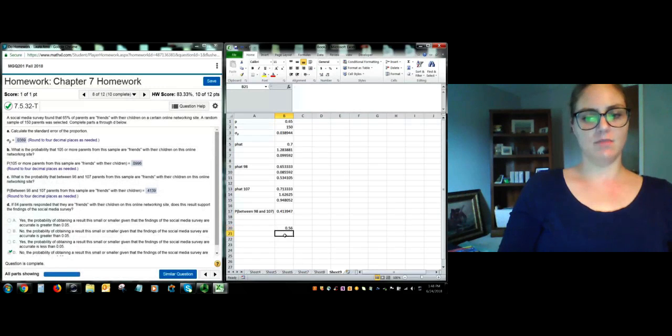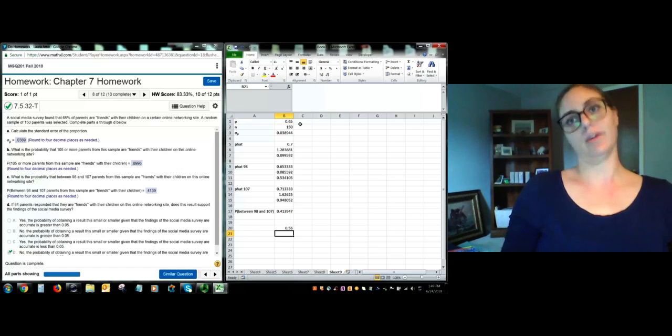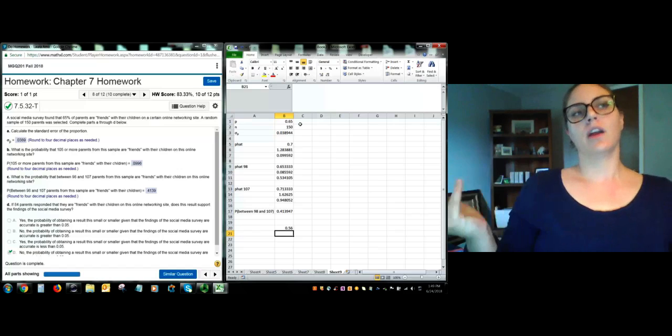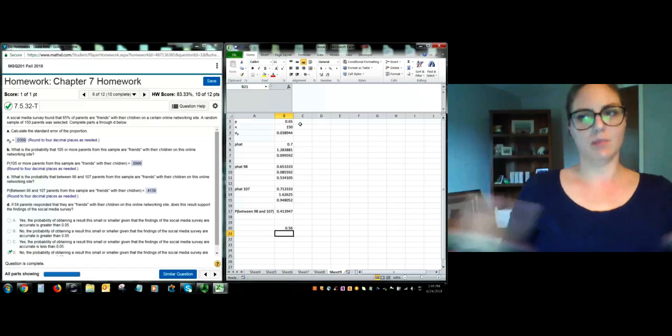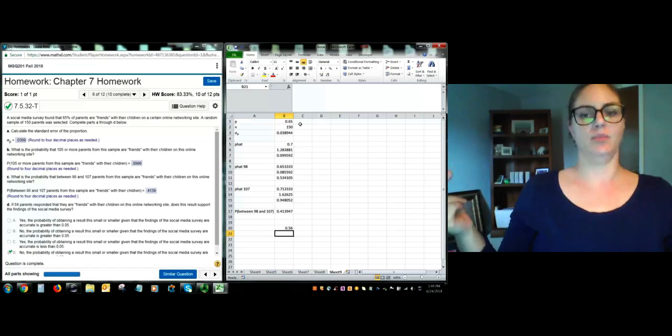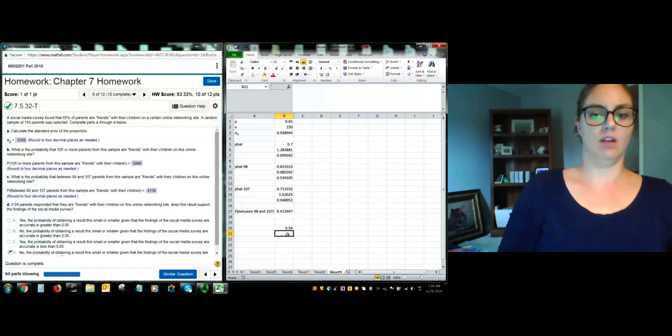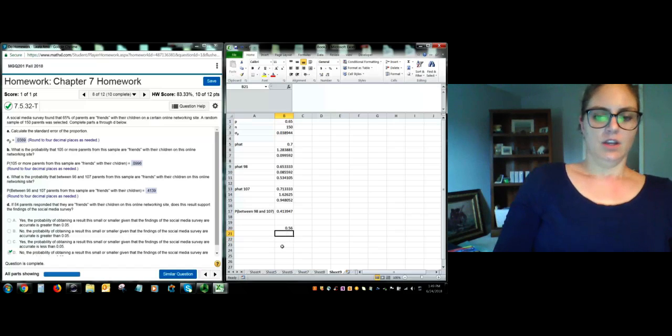This 0.56 is seemingly way off, so we can actually calculate the probability, if we accept this proportion 0.65 as truth, as the parameter. There are going to be a certain range of values that we would accept that are not exactly equal to 0.65, and we can calculate if 0.56 falls within that realm of possibilities simply by calculating our z.